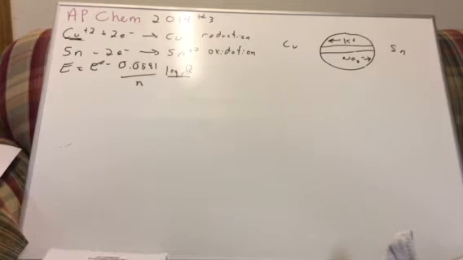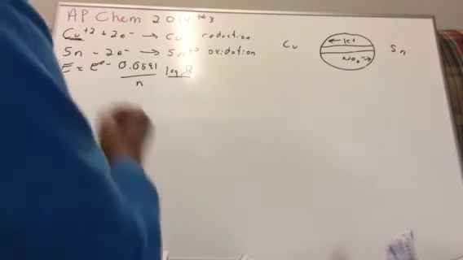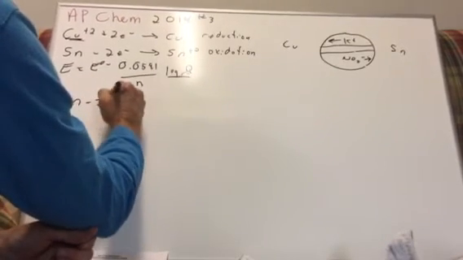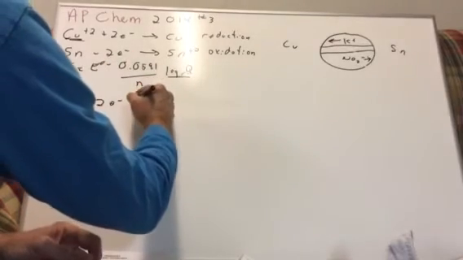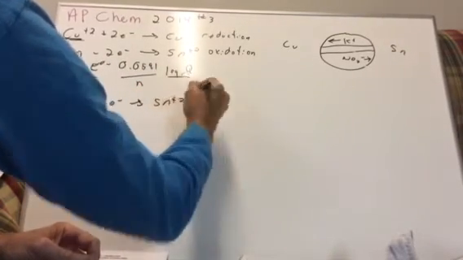Okay, in another experiment, a student places a new electrode. Whoops, did I do that one? Yeah, I'm on E now. And they give you some reactions. Write a net ionic equation for the reaction. You're told that it's happening. So I put stannous minus 2 electrons yields stannous plus 2.